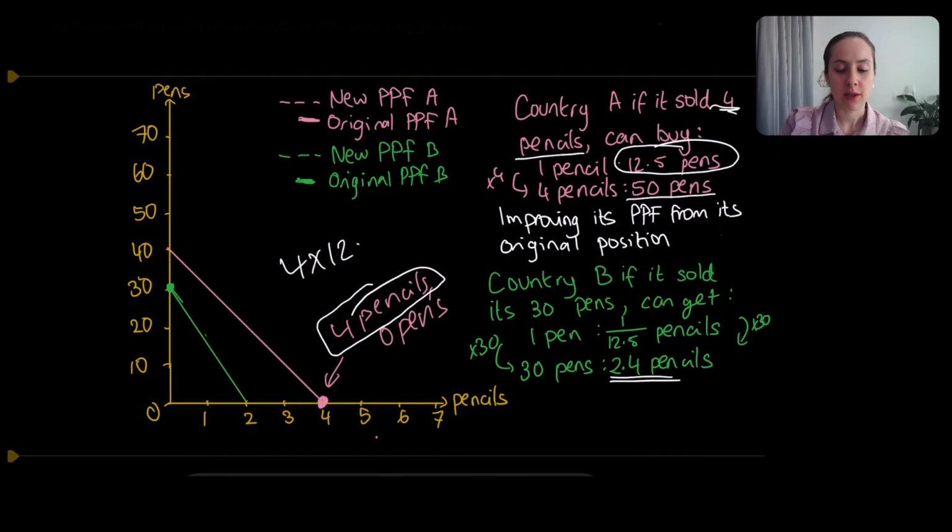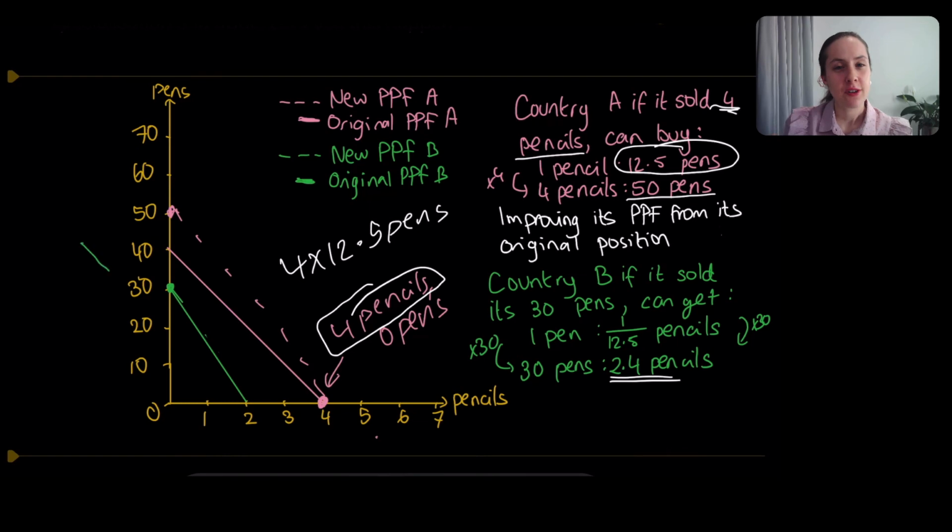We'll give them 12.5 times 4 pens, which is 50 pens. So country A is going to now be able to access at a maximum 50 pens. That's their new PPF. That's really cool. So this win-win trade deal system has made country A better off.